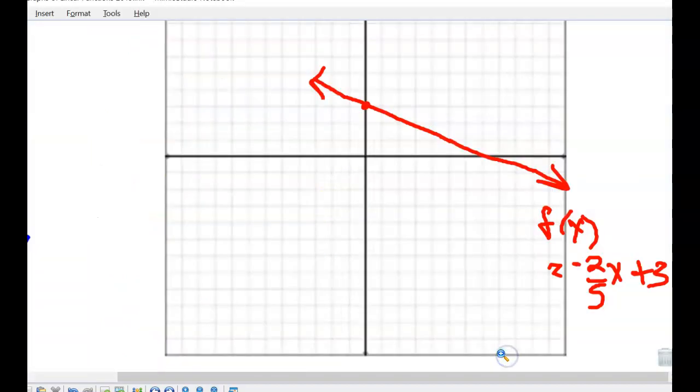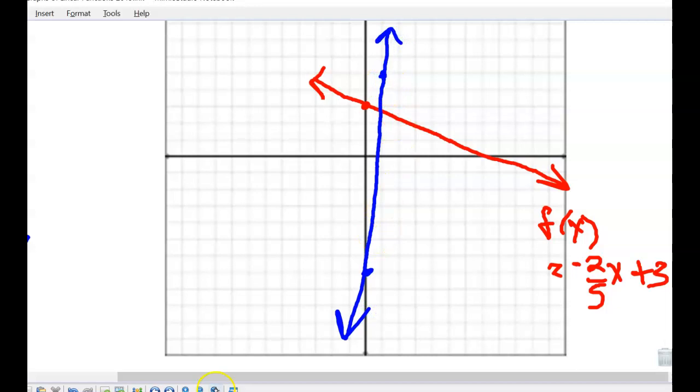So using the y-intercept starting point, so -2, 4, 6, there's 7. To get to my next point, I go up 12 and over 1. So I'm going to have a very steep graph going through these 2 points.